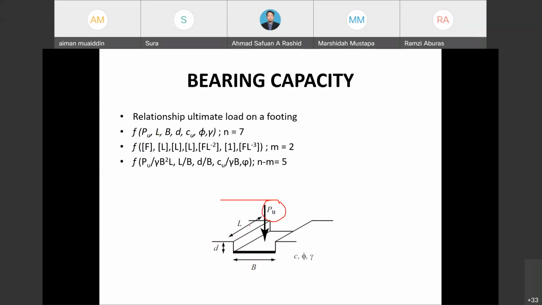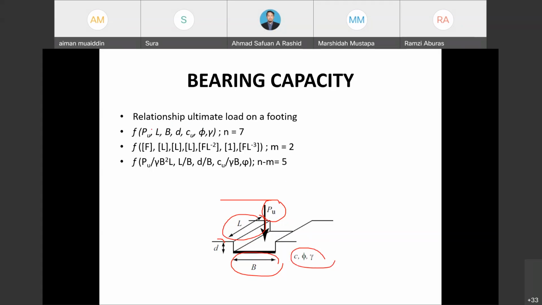And then for this type of soil or footing, this is the geometry of the footing, which is B, and the length of the footing, which is L. Then before the testing, this footing has been installed under a certain value of D from the ground level, and the soil properties are C, phi, and gamma.